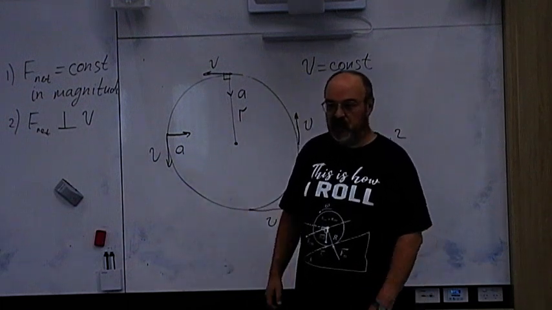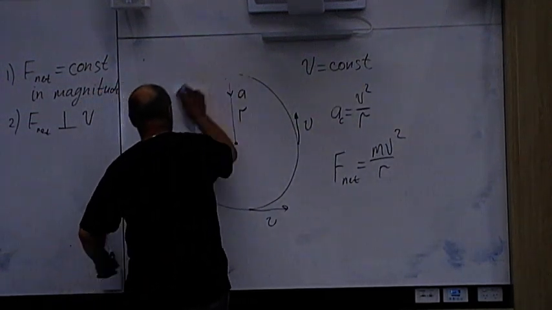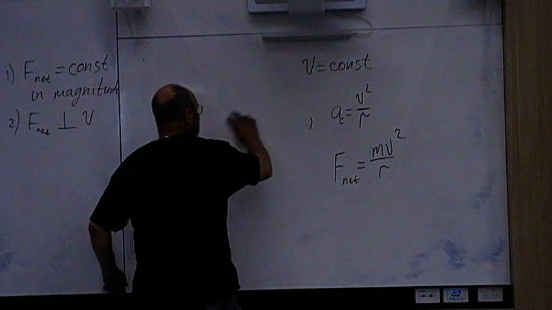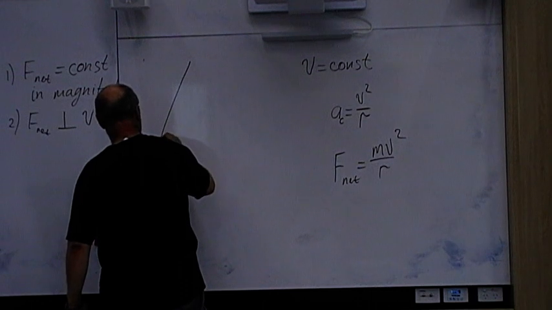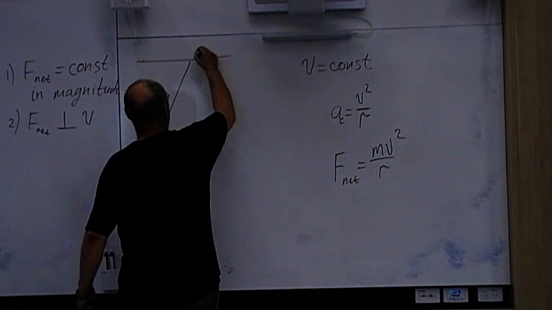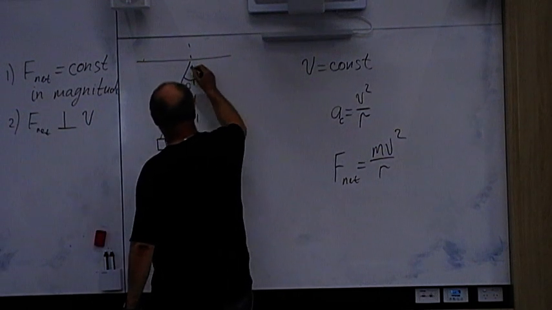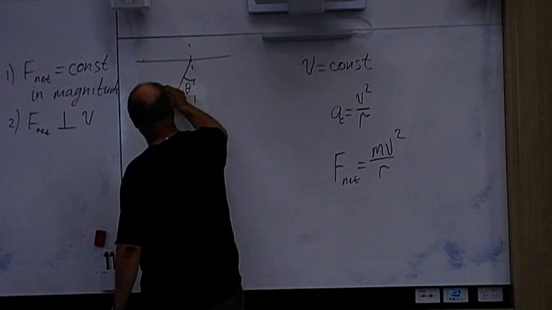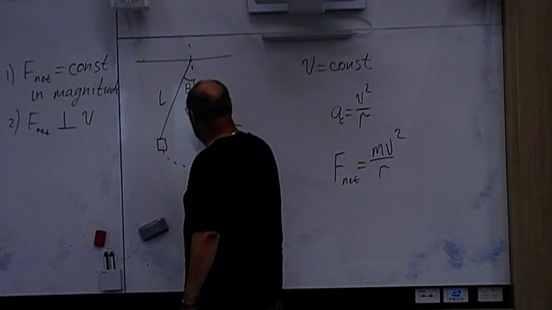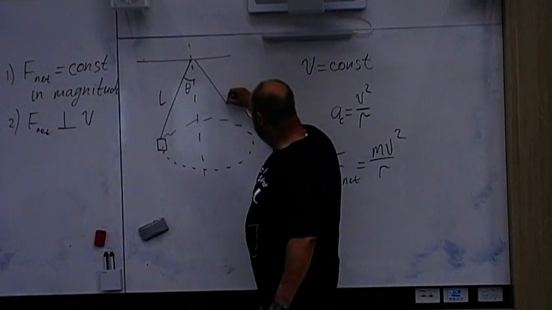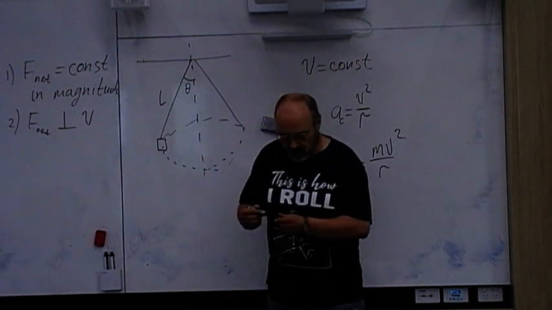Let's consider another circular motion, horizontal circular motion. If we have a horizontal pendulum, we have some mass rotating in a circle, and we have angle theta, and the length of the string is L. What do I mean by horizontal circle?